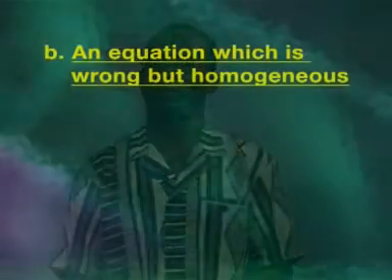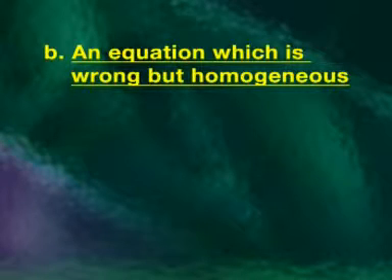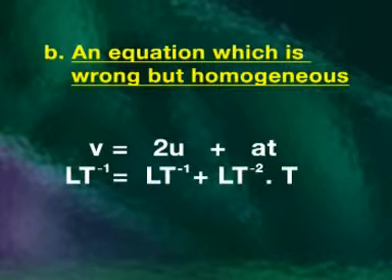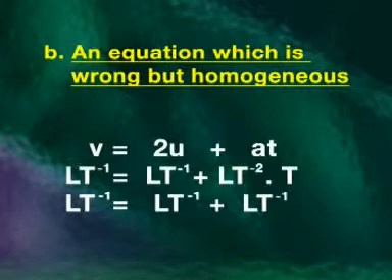Now, we'll consider an equation which is wrong but homogeneous. V equals 2U plus AT. That is, LT to the power -1 equals LT to the power -1 plus LT to the power -2 times T, so LT to the power -1 equals LT to the power -1 plus LT to the power -1.